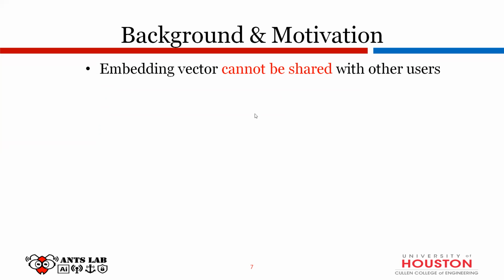But here, because we're using user verification, the embedding vector itself is information from the user. So those embedding vectors cannot be shared with others. Hence, if we cannot get the embedding vector, we cannot calculate the negative loss.